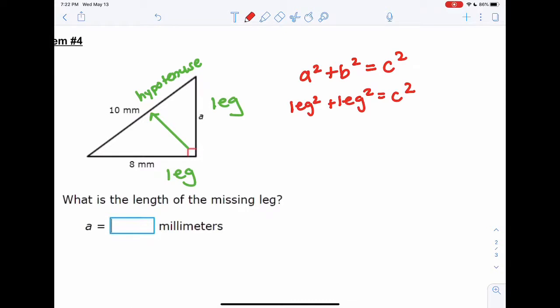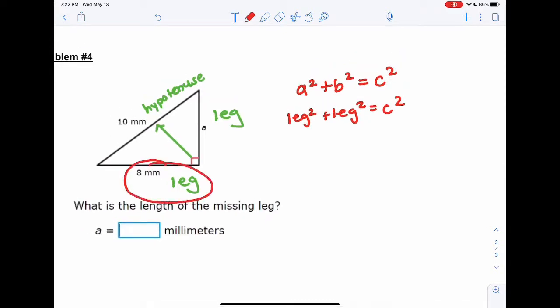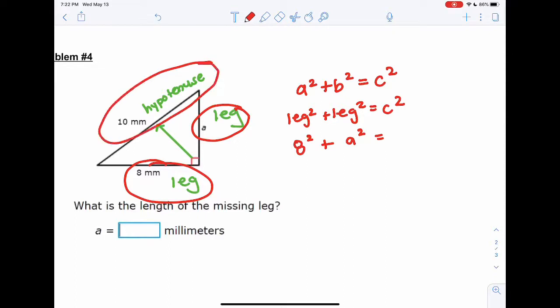I have 8 as a leg, so I get 8 squared, plus, and then I have the letter a as a leg, so a squared equals, my hypotenuse is 10, so I get 10 squared. Okay, take a moment to make sure I did it correctly. Make sure you understand it. Okay, now let's keep going.